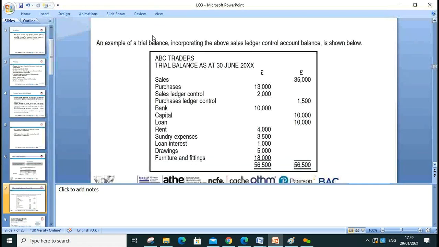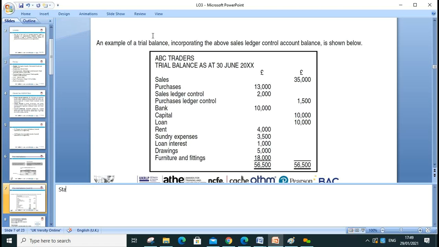We have sales, we have purchases, we have sales ledger control. So if I ask about sales, which statement will it go to? Is it the income statement or the balance sheet? Sales, which statement does it go to?